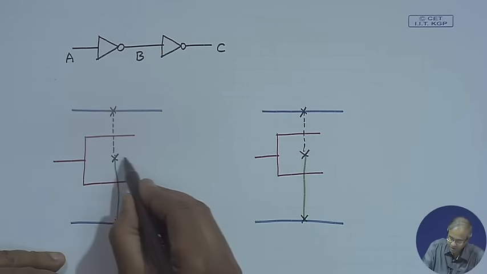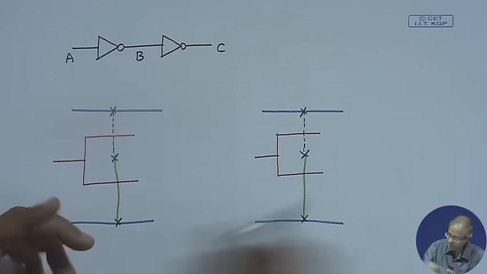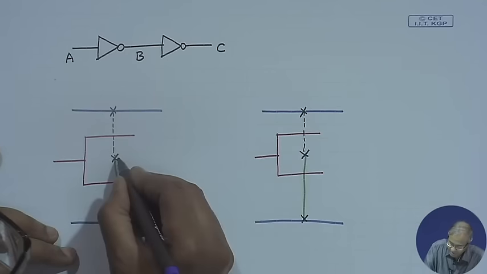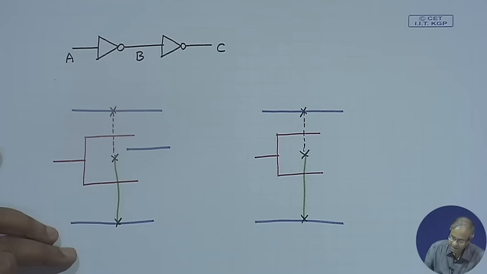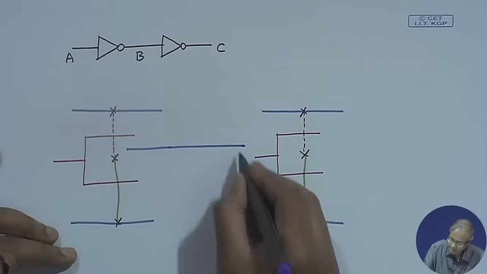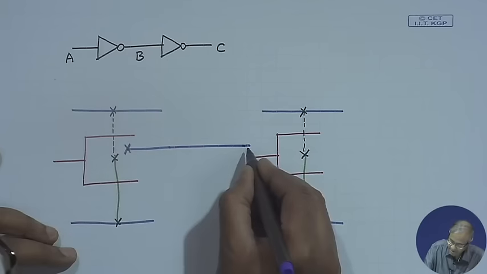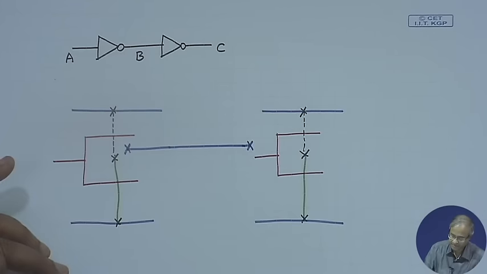So, this output has to be carried to this point. There are two alternatives, I am showing them side by side. One alternative is that from here you carry a metal line and here you make a contact connection, and here between metal and polysilicon you make another contact connection.